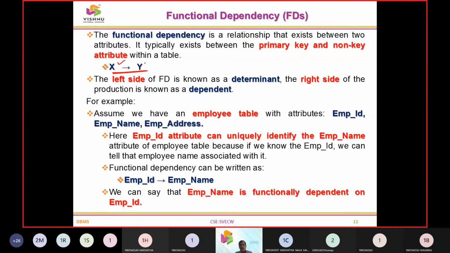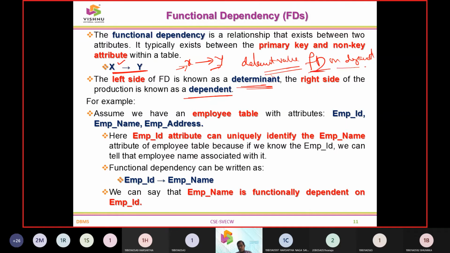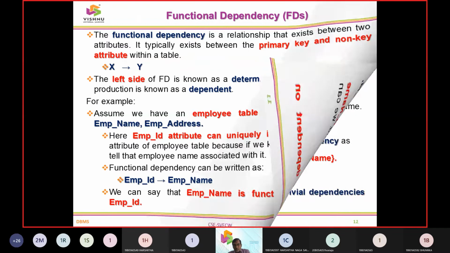We mention it as X to Y. The position X we call the determinant. The position Y we call the dependent. So the dependent values are functionally dependent on determinant values, and we call that concept functional dependency.